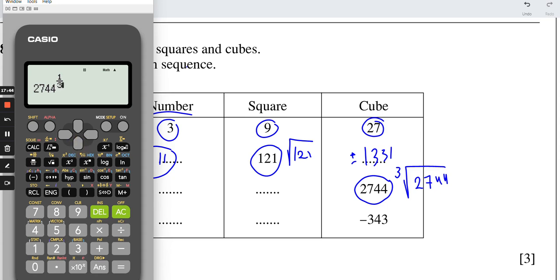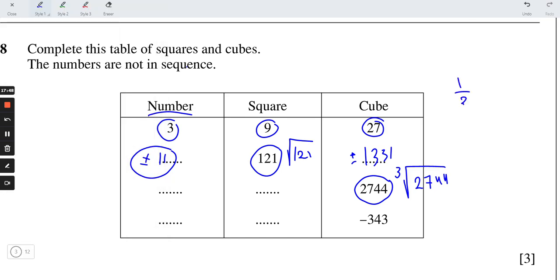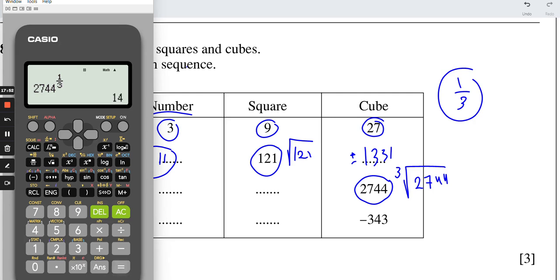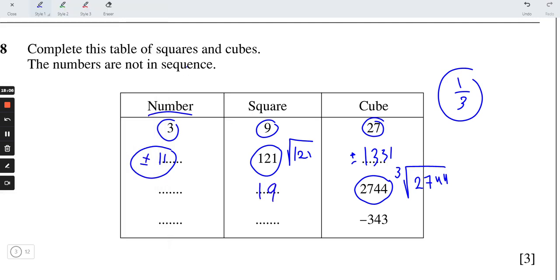So be careful, once you are saying the third root, it means the power 1 over 3. So here the answer will be 14. The number is 14. We need the square, so you should multiply it by 14 again. You will get 196.